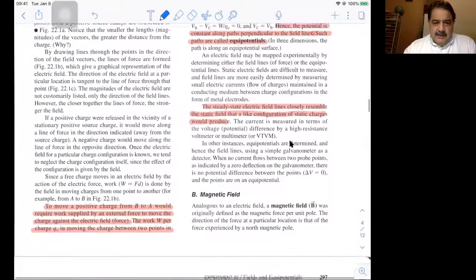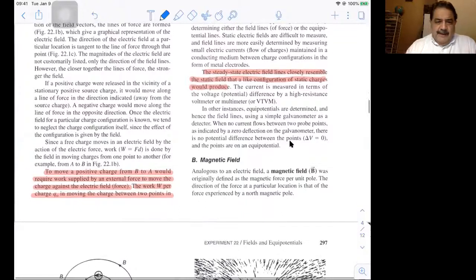Here's one. To move a positive charge from B to A would require work supplied by an external force to move the charge against the electric field force.